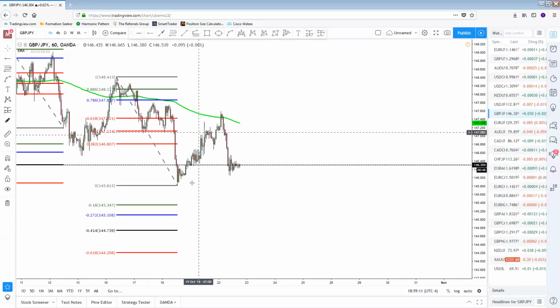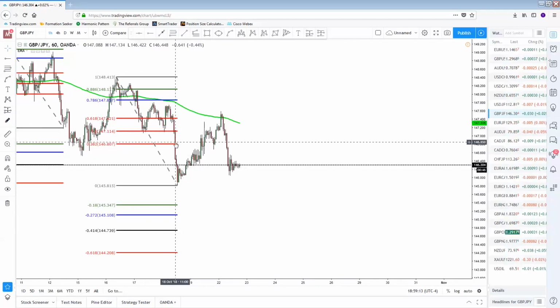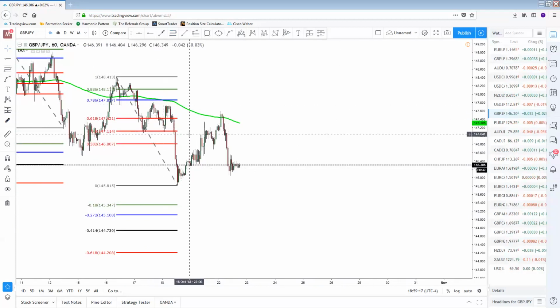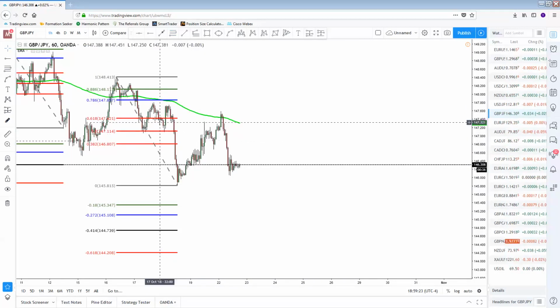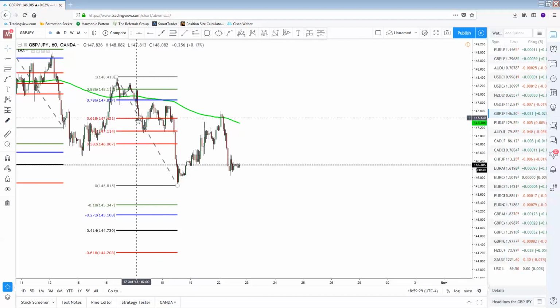A good way to do this is, once it gets up to any of these levels, even at the 786, one, look for counter trend line breaks, or two, look for candlestick formations, or three, look for support resistance, any type of congestion area right at the level of a retracement.